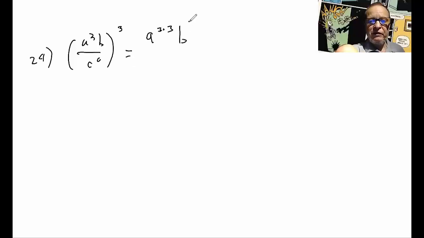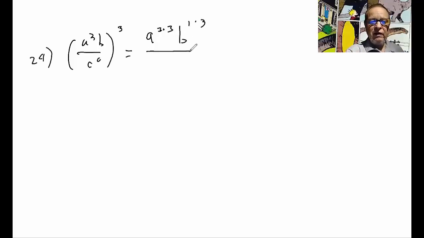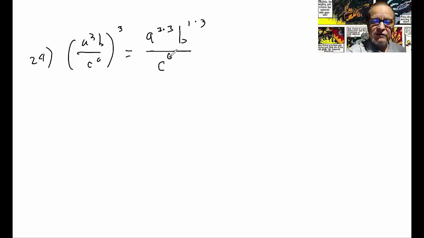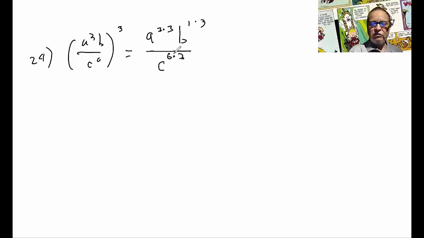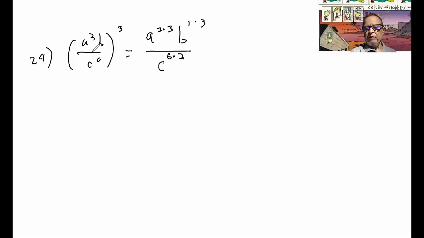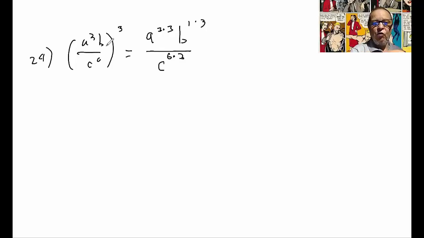B, well, since b is to the first power, it's going to be b times 3. And then finally, c, 6 times 3. So you have to do it to everything that's inside the bracket. So this power is affecting all of these.